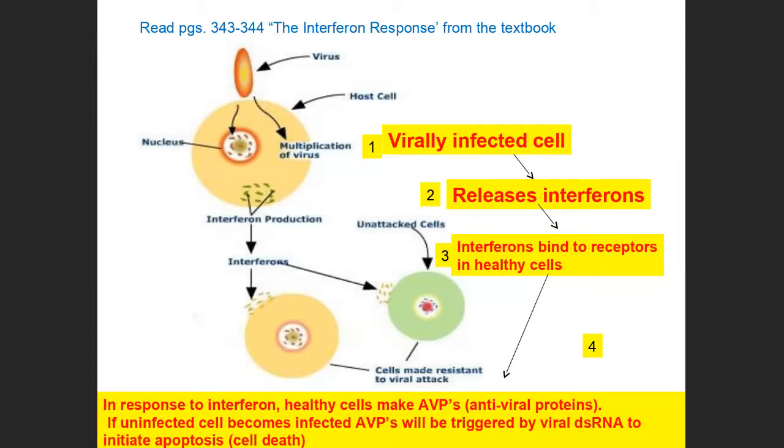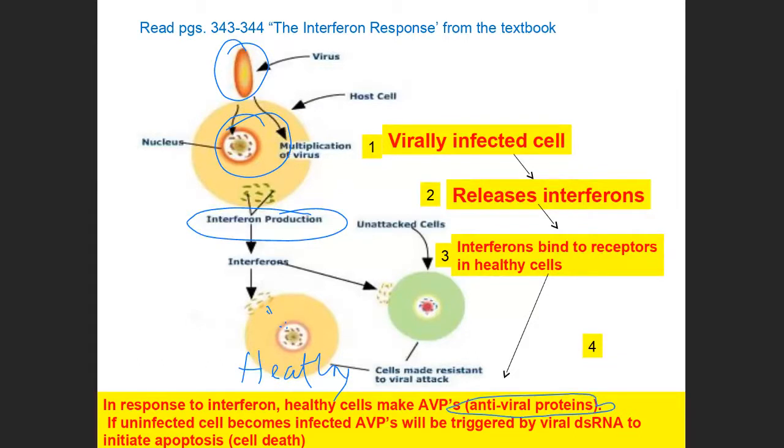If a virus infects a cell, the response of the cell to the viral infection is to secrete interferon. Interferon binds to receptors of healthy cells and prompts them to transcribe and translate a specific group of proteins called antiviral proteins.